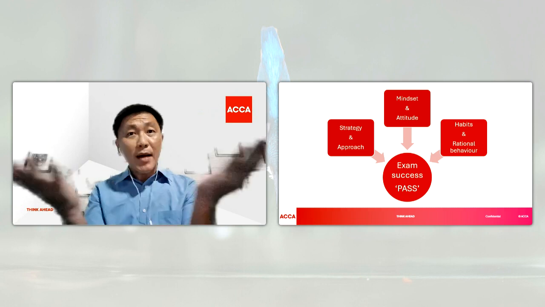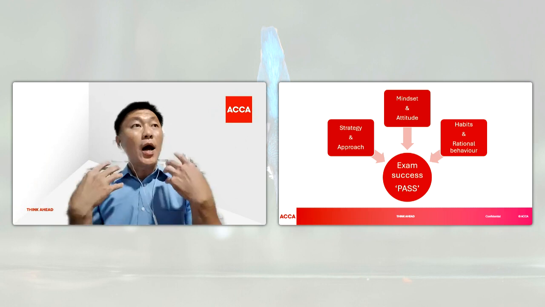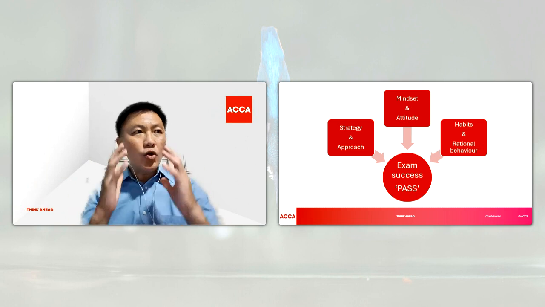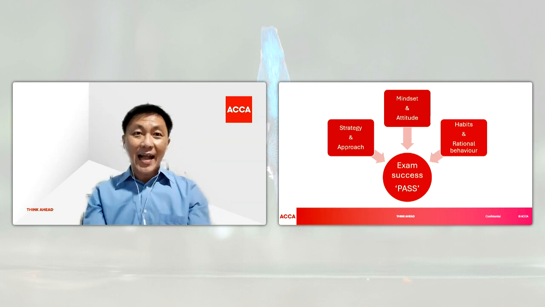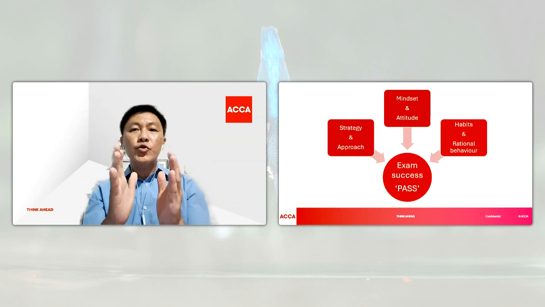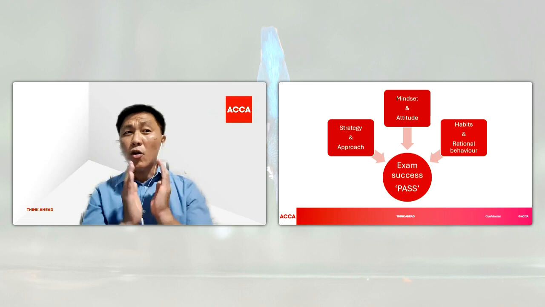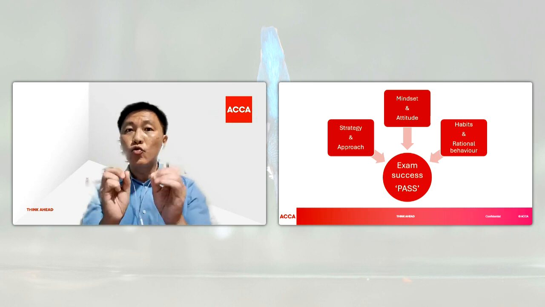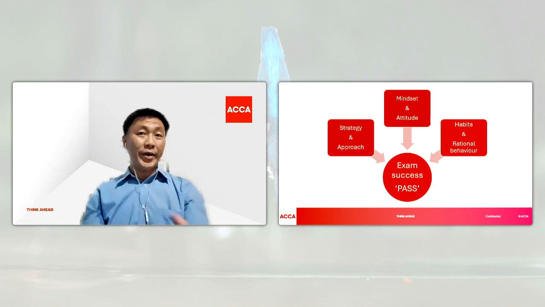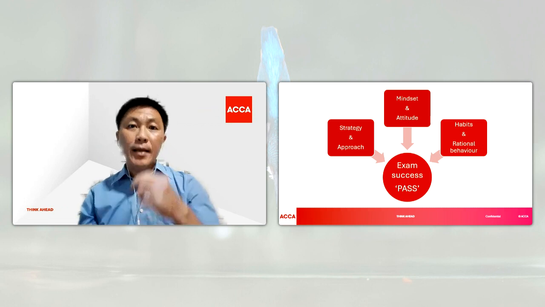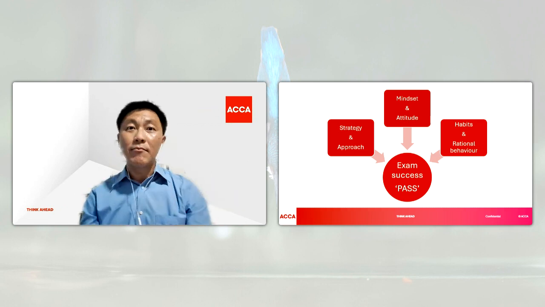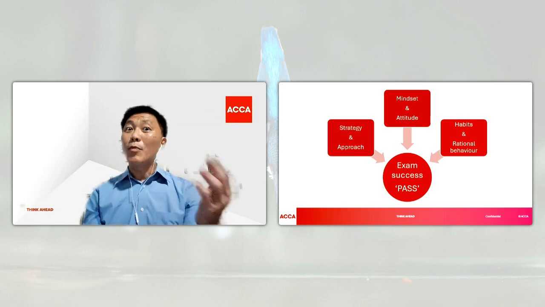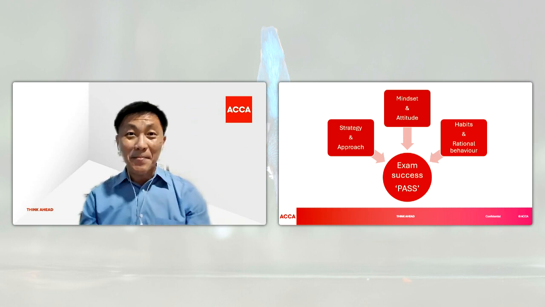Second, your mindset, your attitude. I always advise the students, when you would like to get a passing exam, please make sure your mindset is focusing on your process. Do not get yourself overly worried about your outcome. The more you are concerned about your outcome, trust me, the further away you may be from getting what you want.